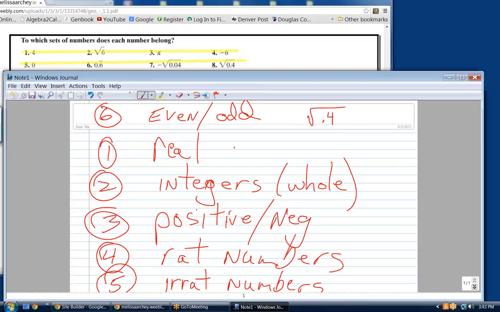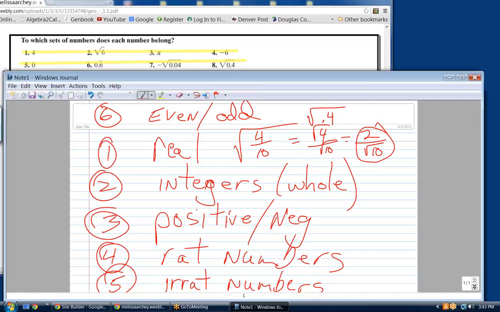And the reason I know is because 4/10 could be expressed like this, which is the square root of 4 over the square root of 10, which is 2 over the square root of 10. That's irrational because square root of 10 is irrational. Square root of 10 is square root of 5 times square root of 2, both of which are prime.